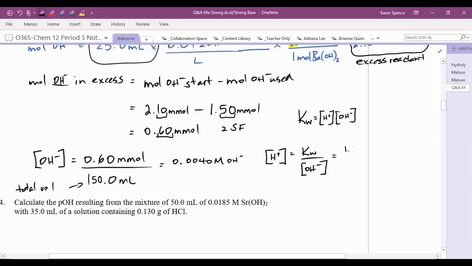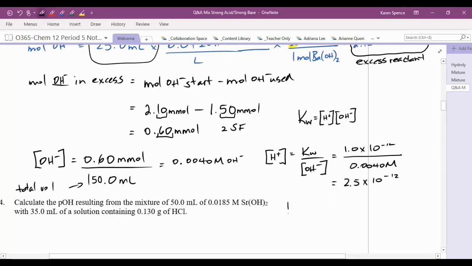So that is 1.0 times 10 to the negative 14 over the concentration, 0.0040 molar. And that gives us 1 times 10 to the negative 14 divided by 0.004 equals 2.5 times 10 to the negative 12.